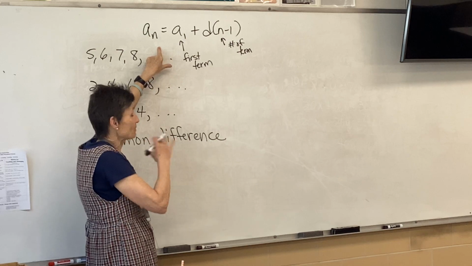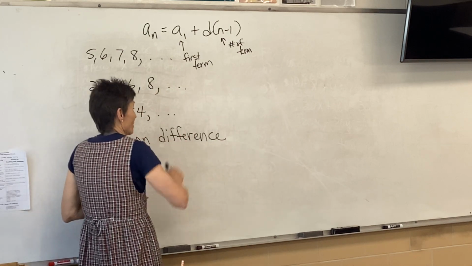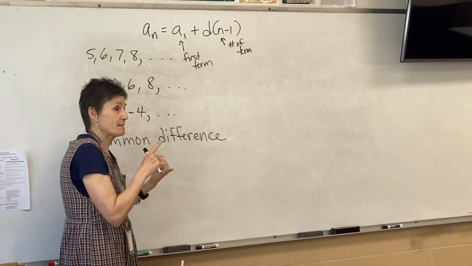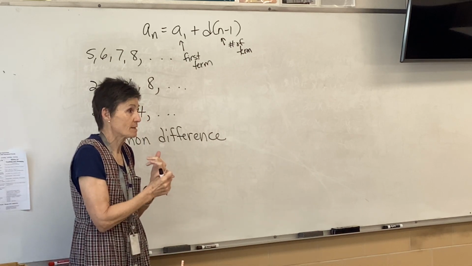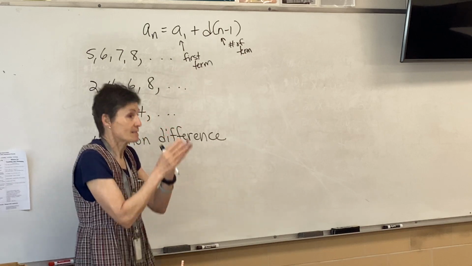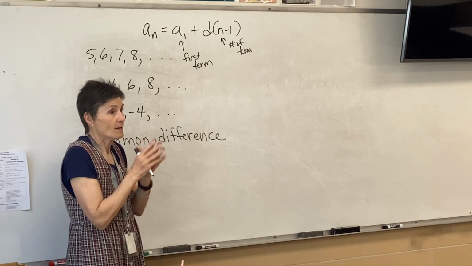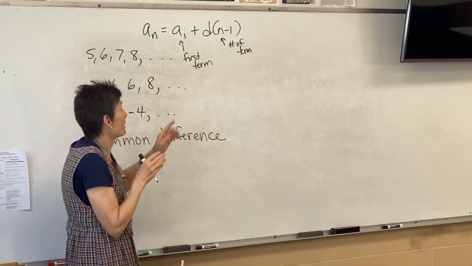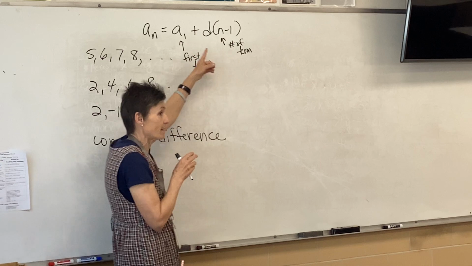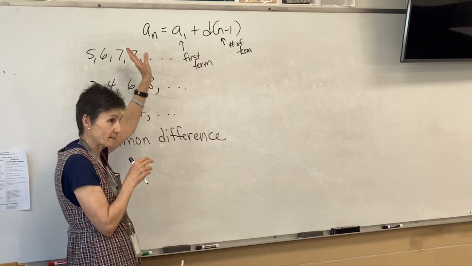Now we'll see how this works when we do some examples, but I need you to have 2 things written down for arithmetic. What's the definition of an arithmetic sequence? You get from term to term by adding the same number. And then the formula for arithmetic sequences is right there. We'll practice with the formula, so don't worry, just get it written down.